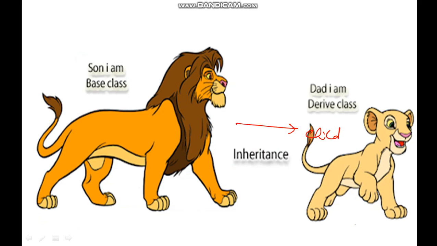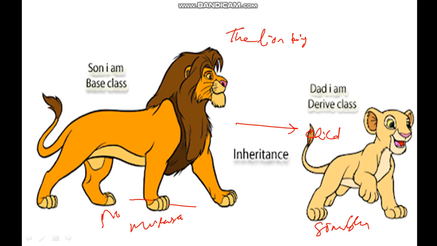For example, if you watch the movie The Lion King, you will understand. The parent is Mufasa, the child is Simba. The characteristics of Mufasa will be derived by Simba. Like that, the base class characteristics will be derived by the child class.